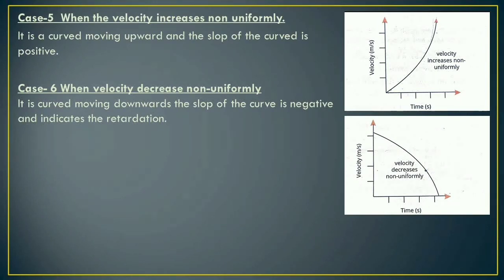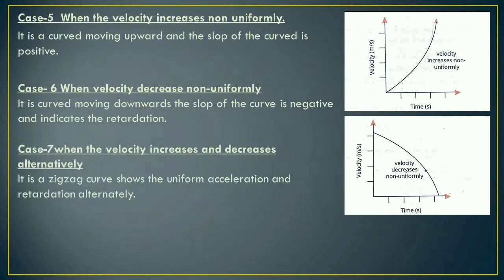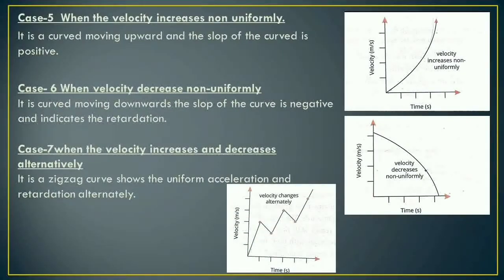Now our next case is the velocity time graph for a body when its velocity increases and decreases alternately. That means in a single graph we will see both the acceleration and the retardation. The velocity time graph in this case is a zigzag curve. That means alternately it is accelerating and decelerating.